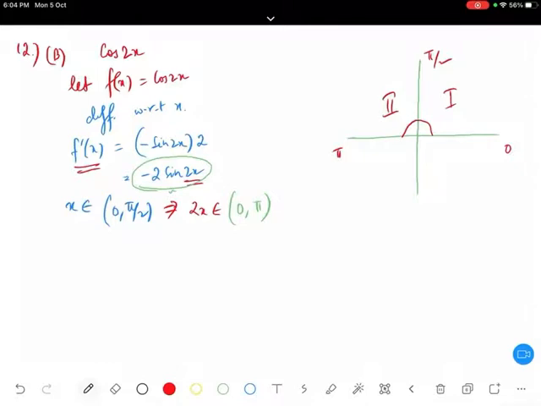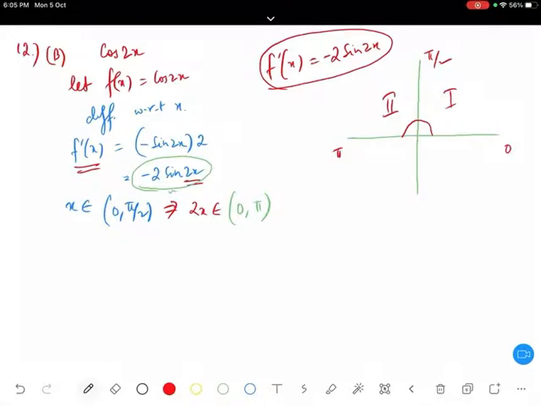Now I have my f dash x as minus 2 sine 2x. This is my f dash x. So all we need to know is the sign of f dash x. If it is always negative, we can say that the function is decreasing on 0 to pi by 2. And if it is not, then we cannot take that answer. So now tell me one thing.